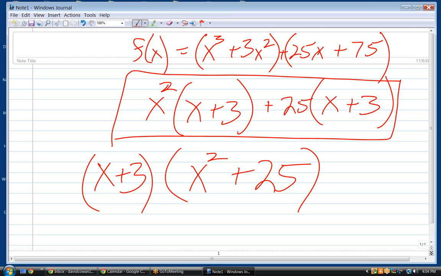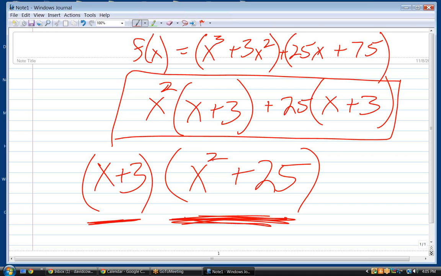So, the original problem said factor it all the way down. Typically, when you factor higher degree polynomials, they want it as a combination of linear factors and irreducible quadratics.